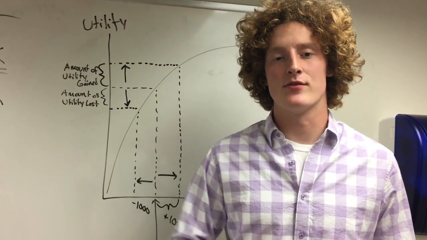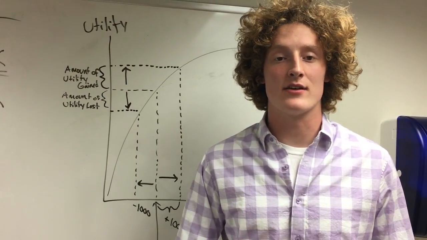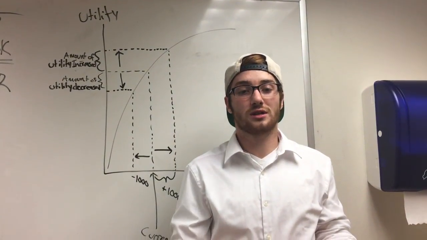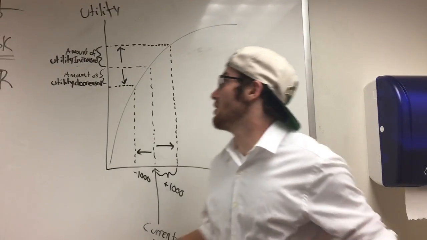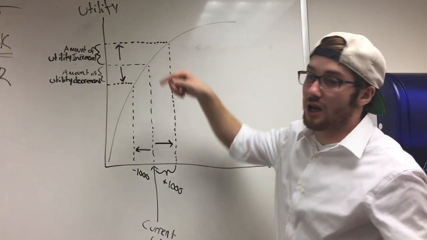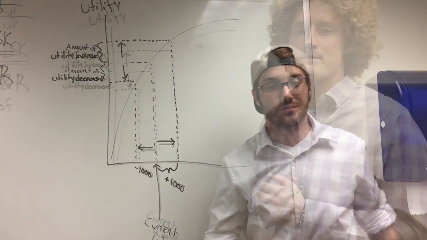Imagine your friend asks you to flip a coin. Heads, you gain $1,000. Tails, you lose $1,000. Most risk-averse people would decline this offer. Utility is a person's subjective measure of well-being and satisfaction. So if you gain $1,000, the amount of utility will increase, and if you lose $1,000, the amount of utility would decrease.